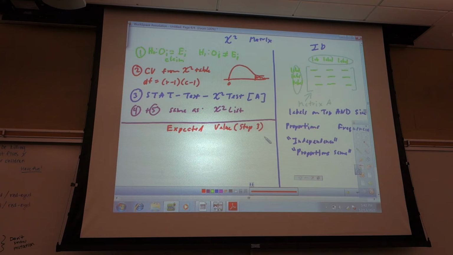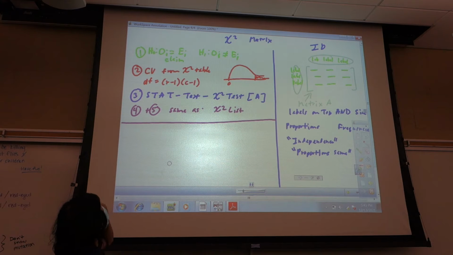Okay, so how do I find those? I want to take a second, check in and try to remember how do I find my expected values. Professor, do you supposed to write second matrix so you can calculate that?